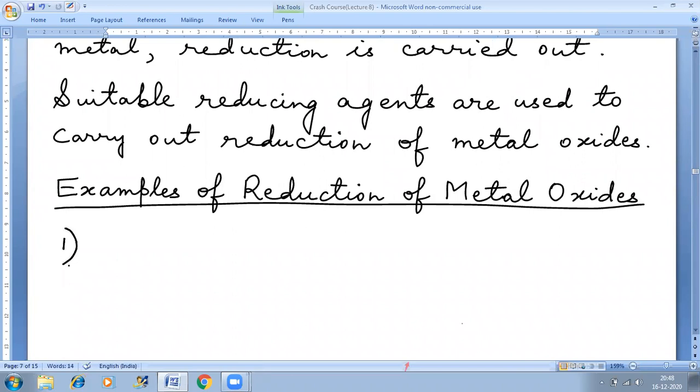First, one very common reduction reaction is this one.